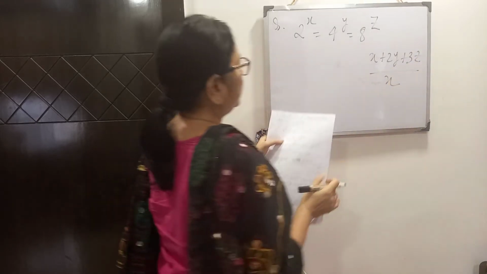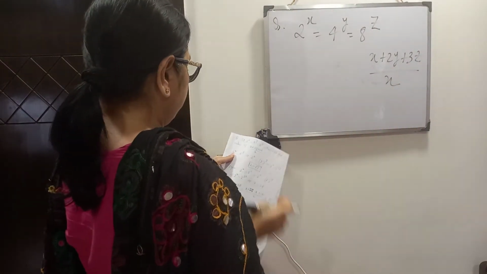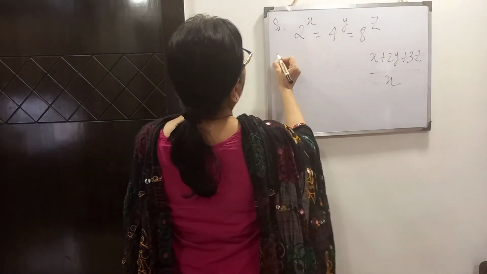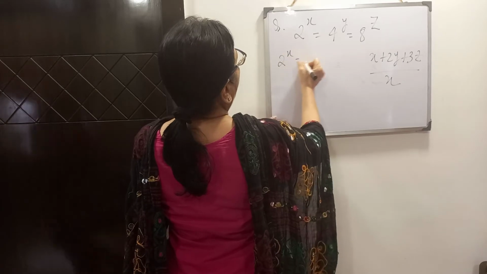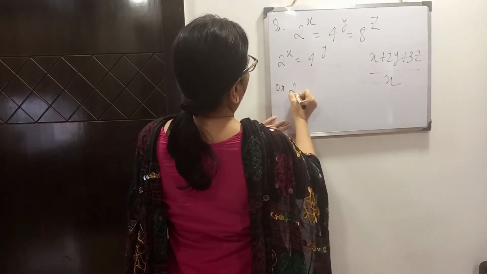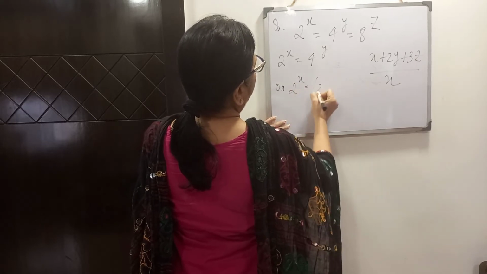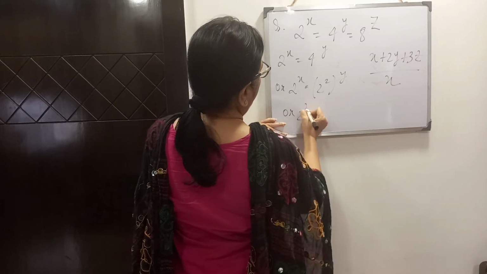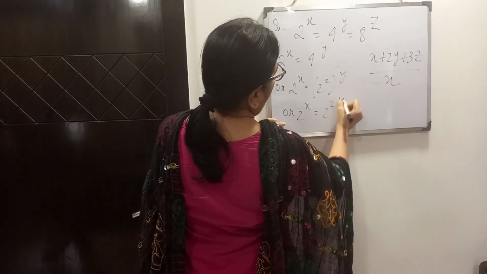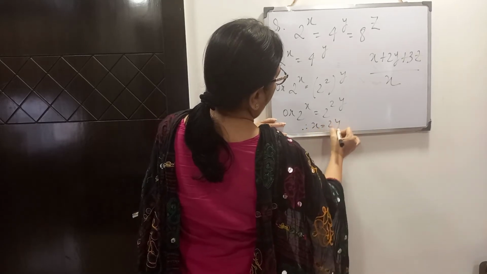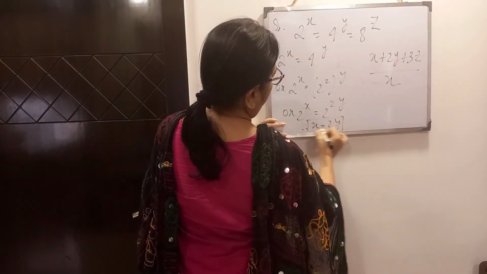You have to calculate the value of this. Okay. Now 2 to the power x equals, we can write 4 to the power y. Clear? Or 2 to the power x, 4 means 2 square. Now next step. Now you are saying base same, therefore x equals 2y.